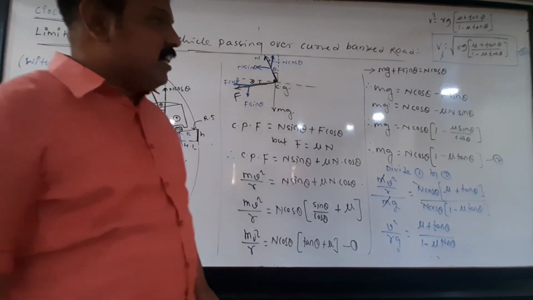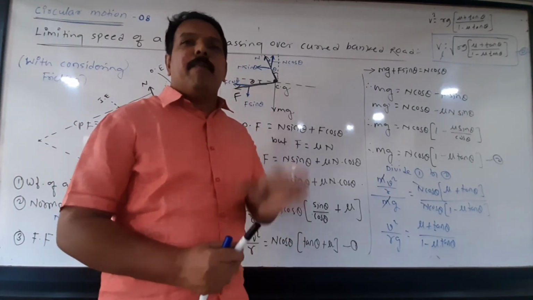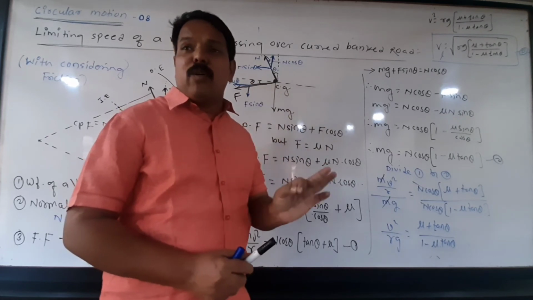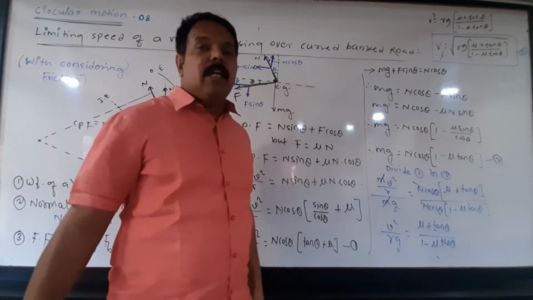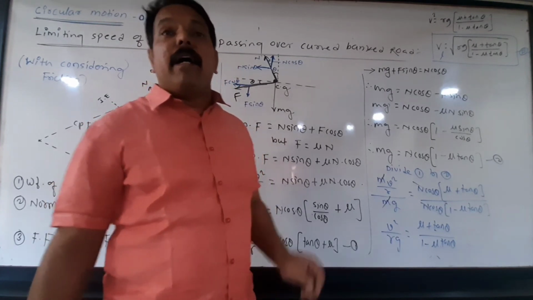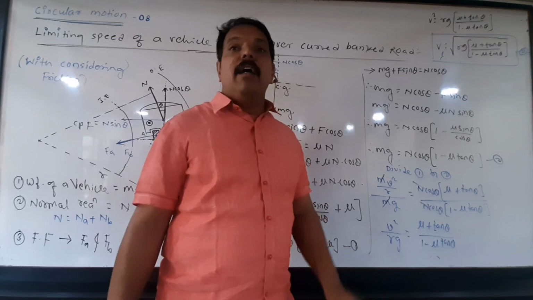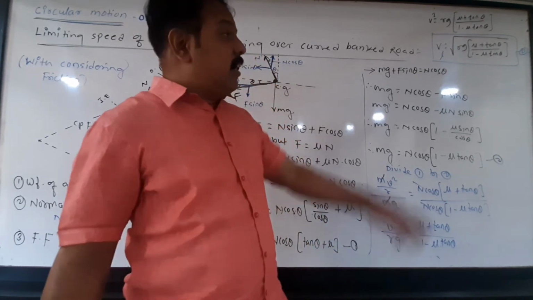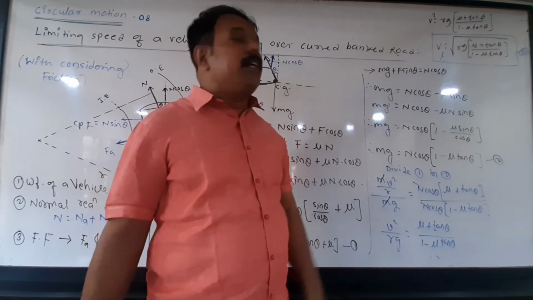Clear? See here. Three formulas are there for limiting speed. Number one, curved horizontal road. What was the formula? VL equal to under root mu rg. Second one, curved banked road without considering friction. What is the formula? Under root rg tan theta. And third one, curved banked road but with considering the friction.